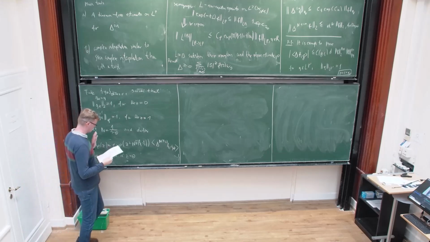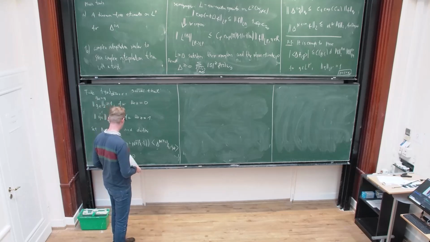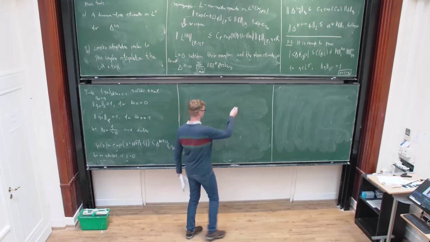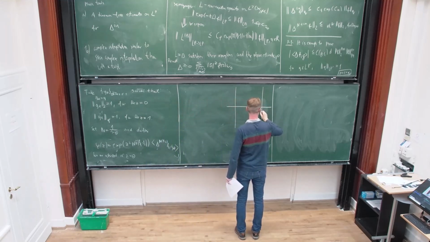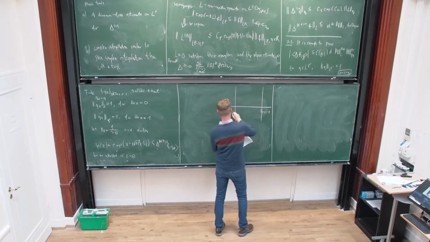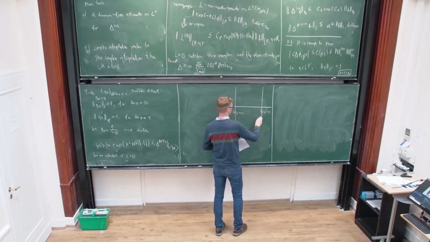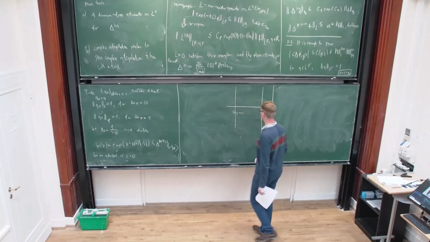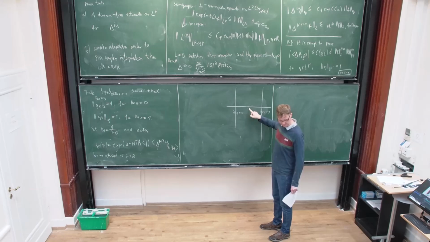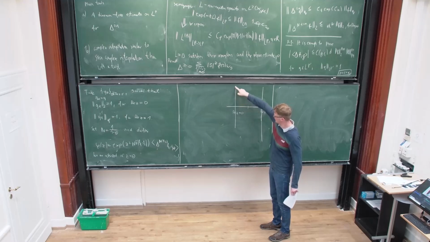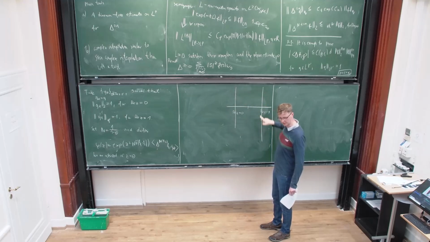Okay, and then we apply Hadamard's three lines lemma, and this lemma says that if you have a holomorphic function, where this is the real part of z equal to 1, and this is the real part of z equal to 0, and you want to estimate the value of this holomorphic function at a point inside, then it can be estimated by the geometric mean of the maxima of the function here and here.